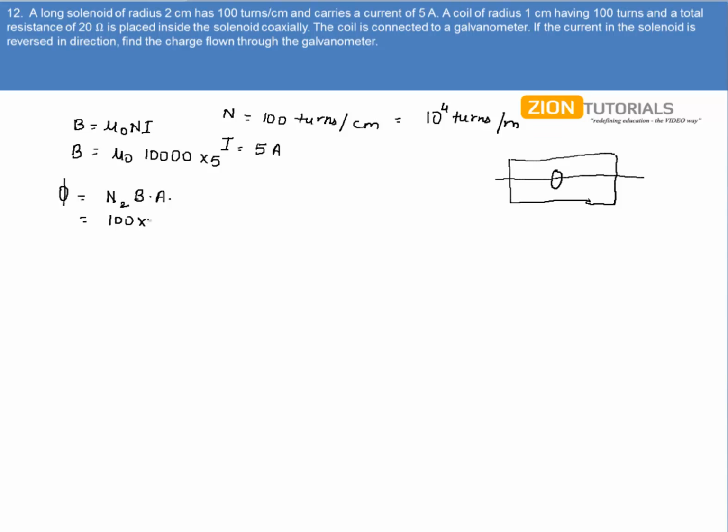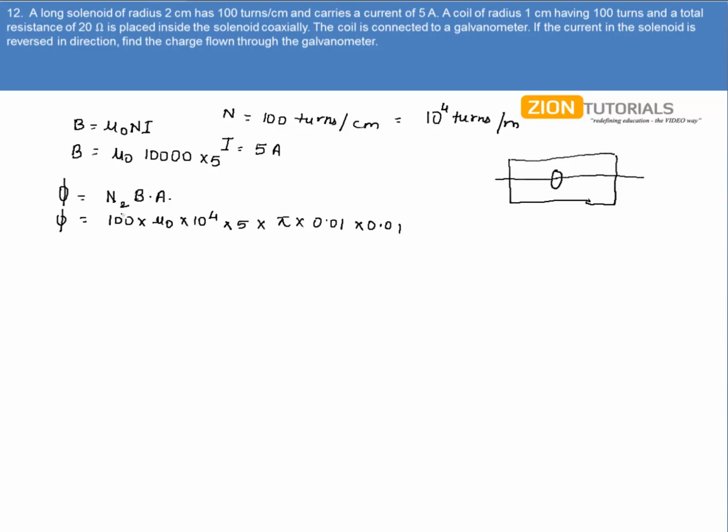The magnetic field passing through the coil we calculated above, that is mu naught into 10 to the power 4 into 5, into the area of the coil. The coil has radius 1 centimeter, so the area is pi r square, where the radius is 0.01, so pi into 0.01 into 0.01. This is the flux passing through the coil.